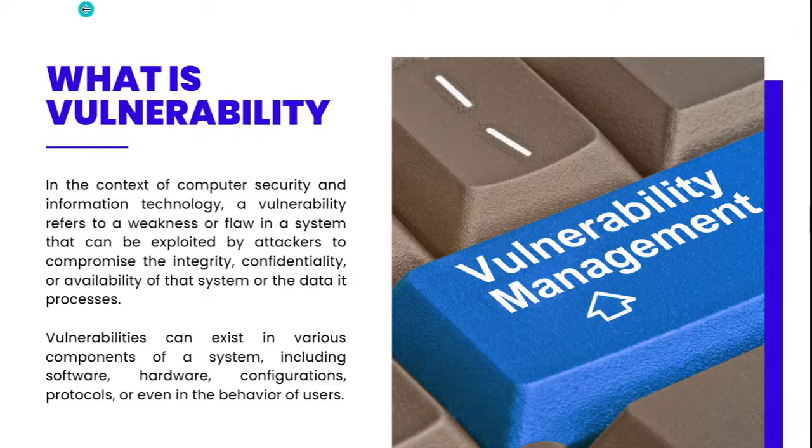So let's start from the beginning: what is vulnerability? Vulnerability is nothing but a flaw or weakness present in the system or in the network, which leads to an entry point for the attacker.